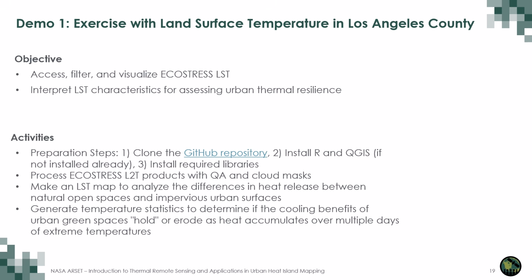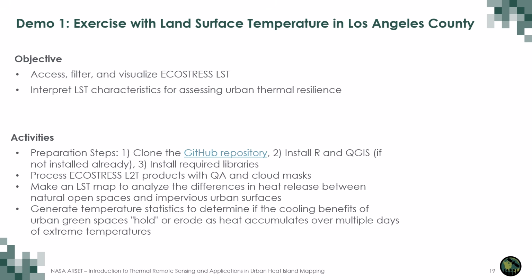There are some preparation steps, including cloning the GitHub repository or just simply downloading the R script. Second would be to make sure that you have R and QGIS installed if they're not already, and then installing any required libraries that the R script lists.